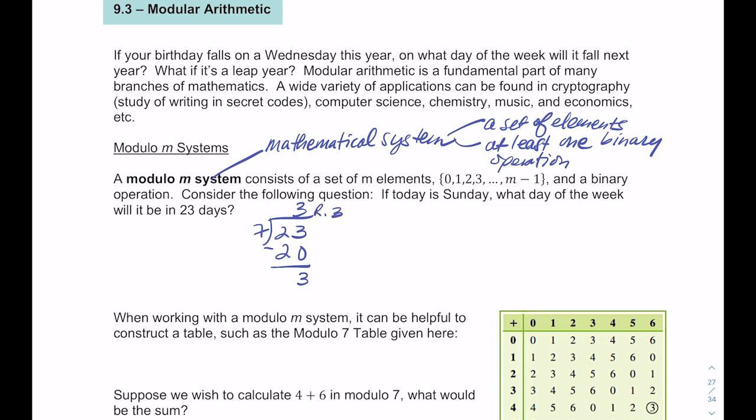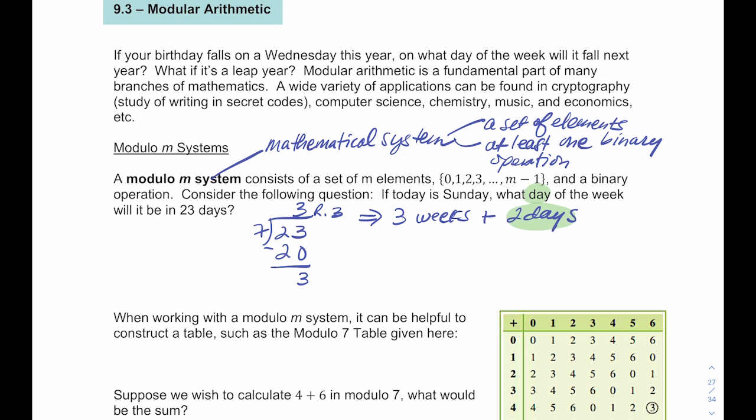What this really represents is 3 weeks plus 2 days. So if today is Sunday, what day of the week will it be in 23 days? I only care about the days part. I don't care about the weeks part. So starting with Sunday, I know 2 days later, it's going to be Tuesday.